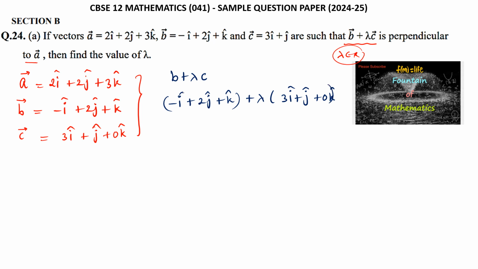So we get, which is equal to, minus 1 plus 3 lambda of i, 2 plus lambda of j, 1 plus 0 lambda of k.